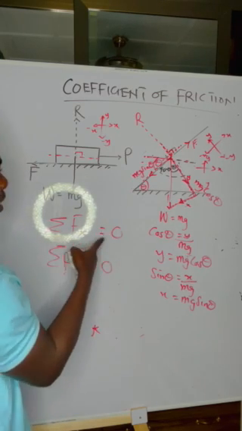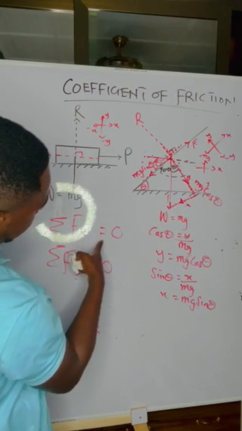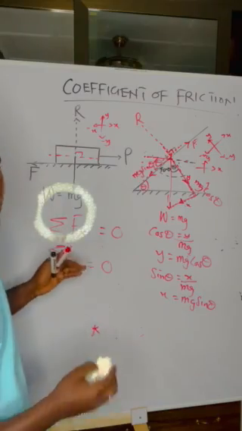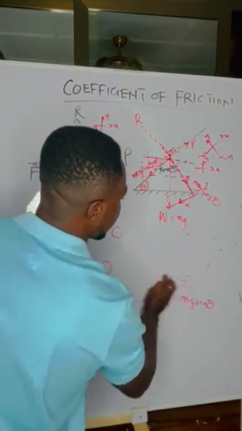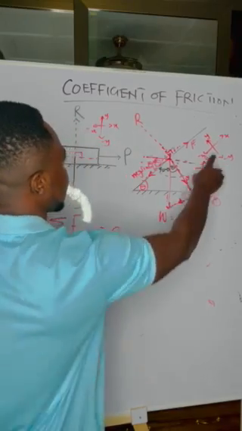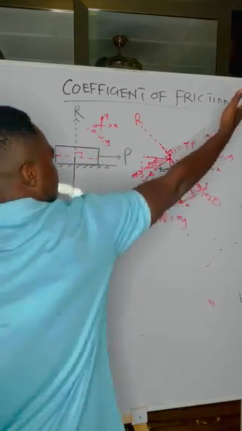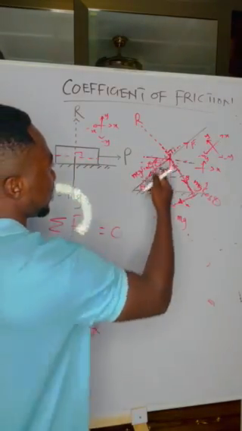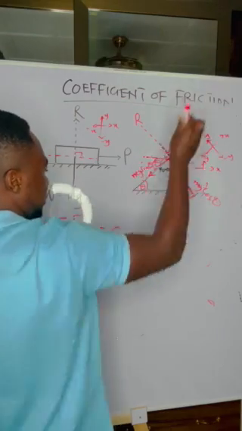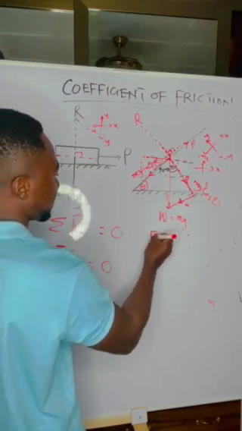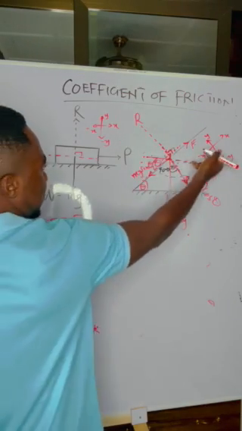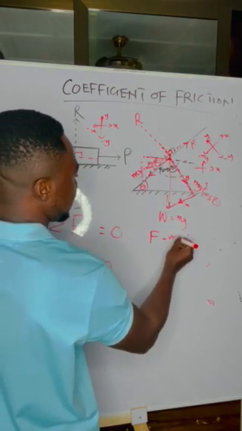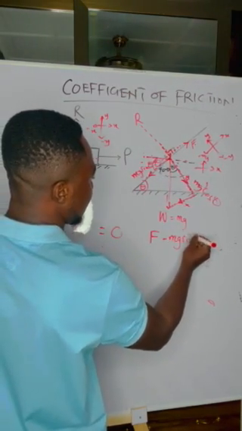Now, summation of all forces in the x direction should be equal to 0. So we're going to sum all the forces in the x direction, using our Cartesian coordinates in this form. Based on the x direction, we have F here moving in the positive x direction, so F. Then we also have another one here moving in the negative x direction, minus mg sin theta.